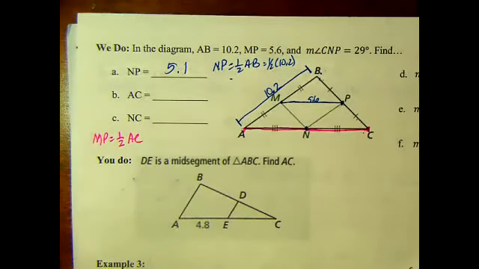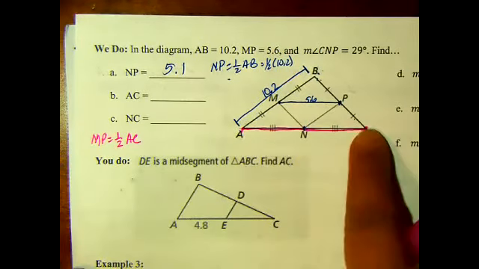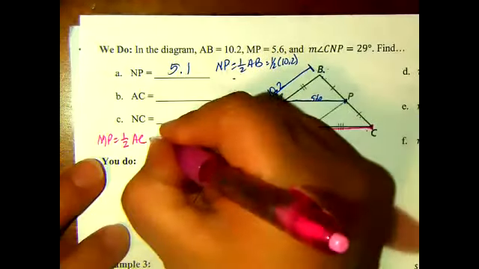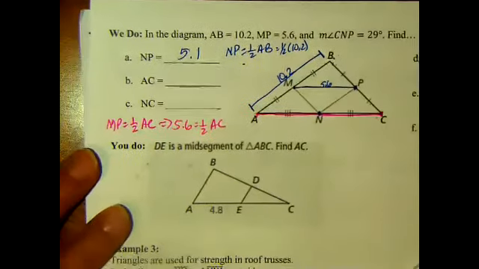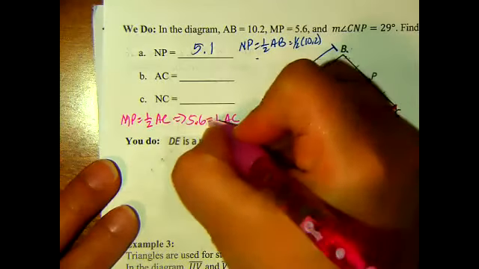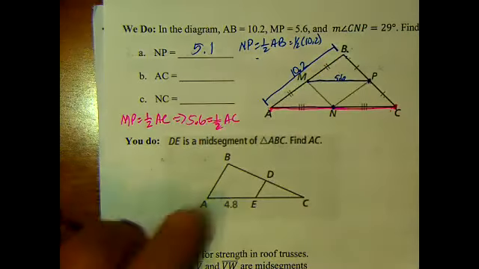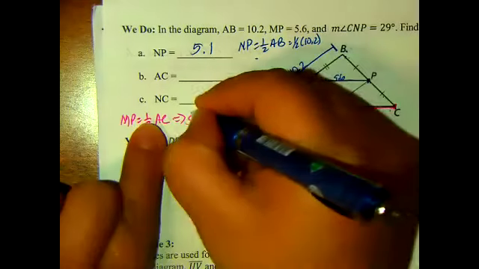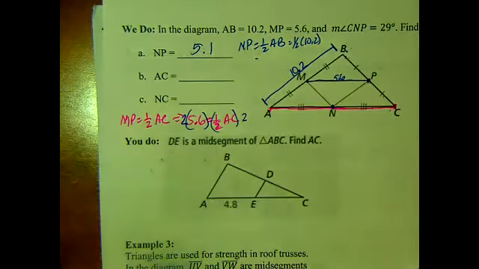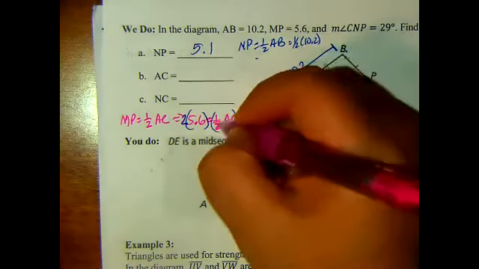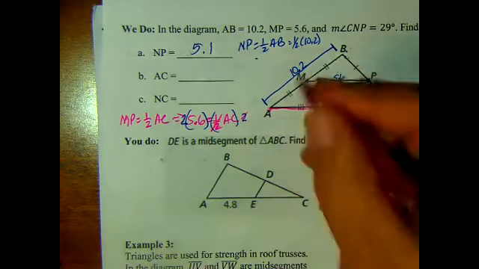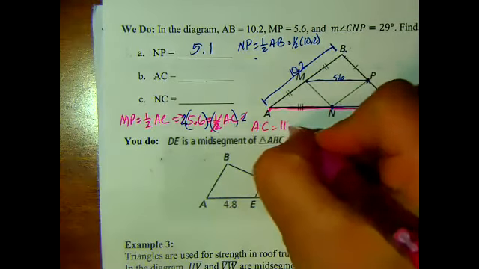So that means 5.6 is equal to half of AC. How do I get AC by itself? I can multiply both sides by 2 to get rid of that fraction. 2 times 5.6 is going to be 11.2. So that means AC is equal to 11.2.